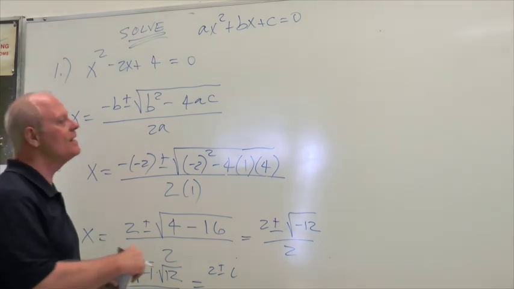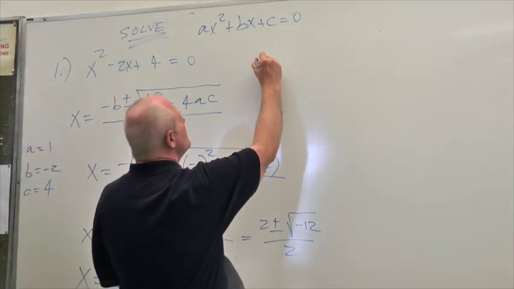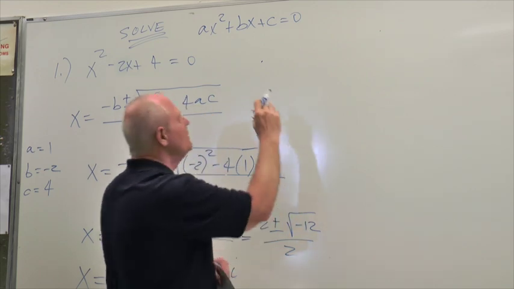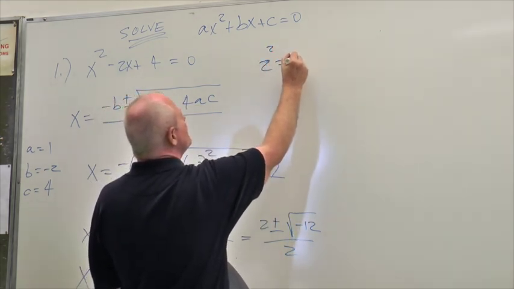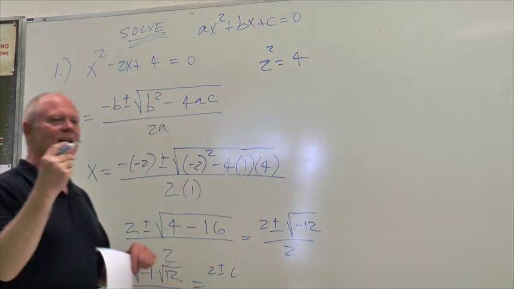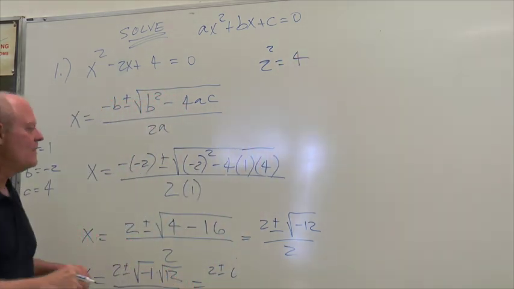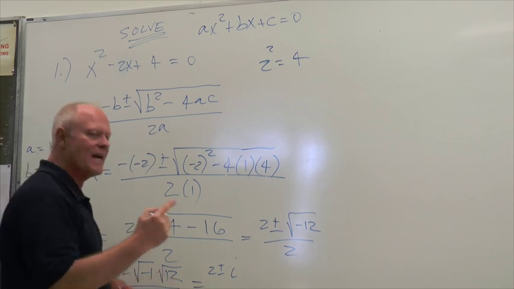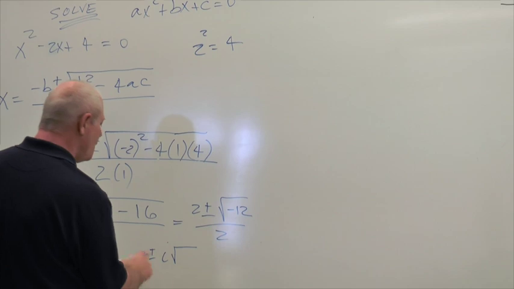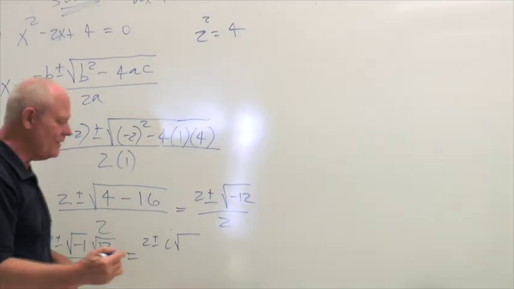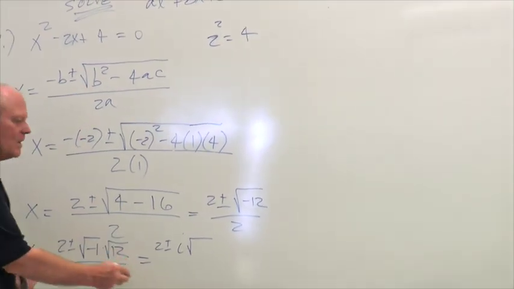What are your perfect squares? Well, 1, but that's a trivial case. 2 squared is 4. So you can take the square root of 4 and get 2, right? So what we want to do is factor 12 into the square root of 3 times 4. We can break this 12 up under here.